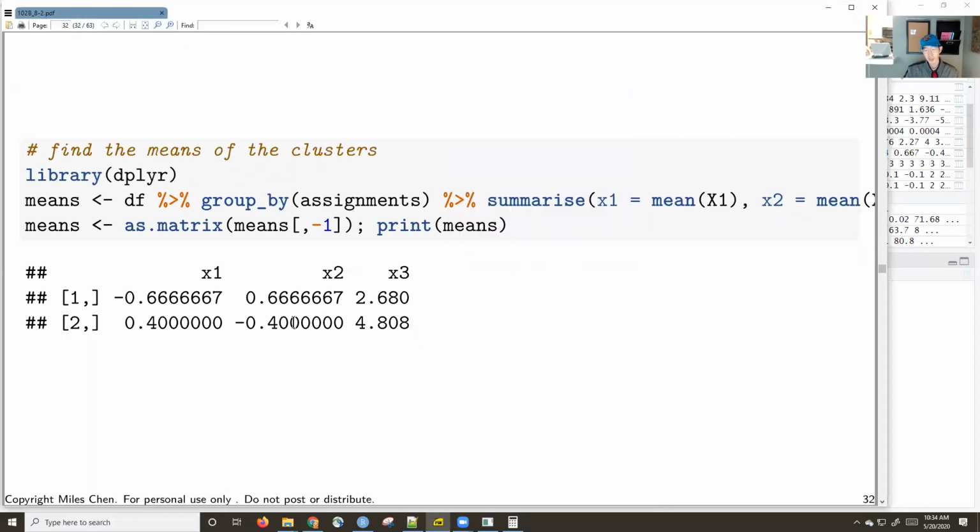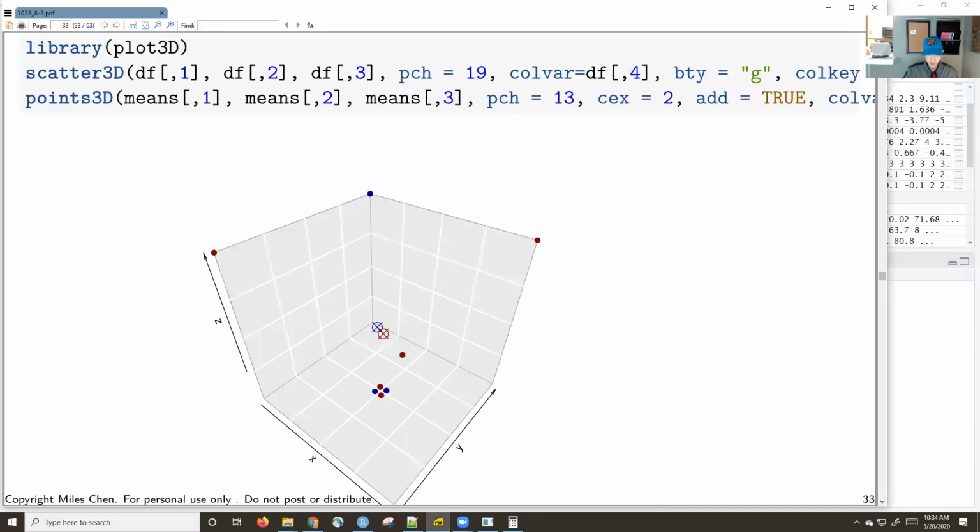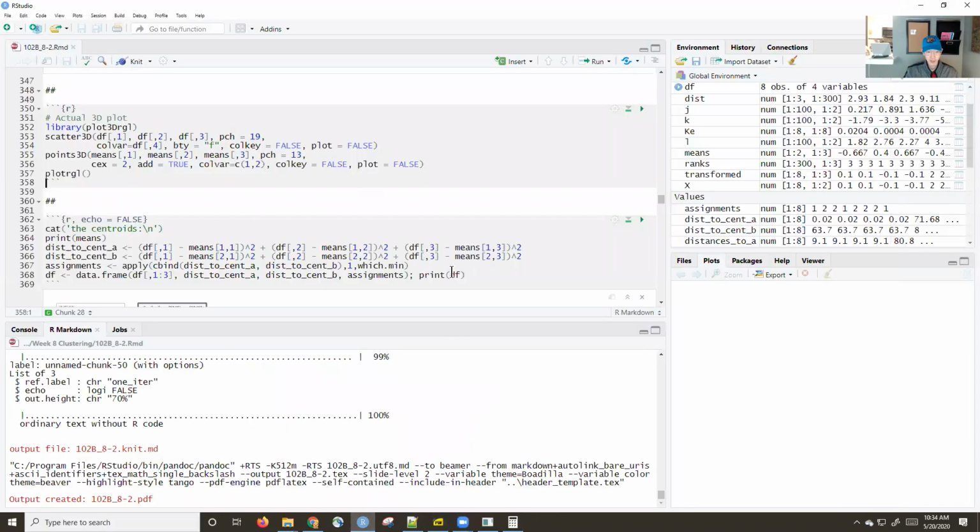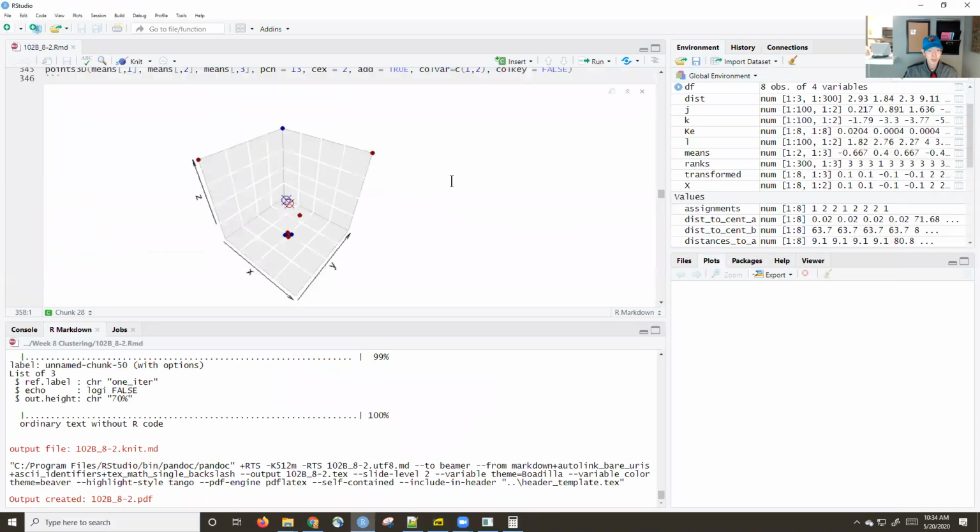And I do the same thing with the other cluster. I've got 5 data points in there, and when I add them up, the centroid is 4.808, okay? It's hard to see in this, so let me see if I can plot it.